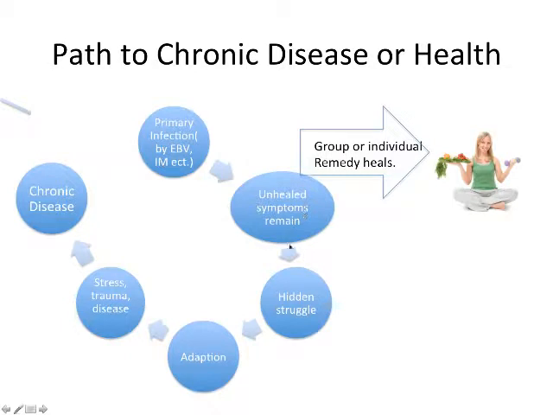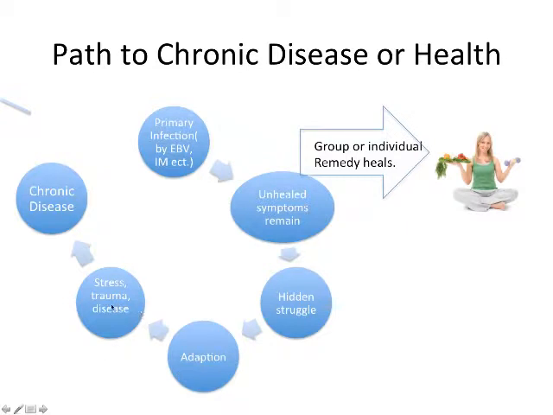The symptoms remain, and there's a hidden struggle. It's hidden inside the person's body. He doesn't appear to be really sick, but he's not the same as he was before he got sick. This is a never been well case. And then he adapts to this hidden struggle. His body adapts.